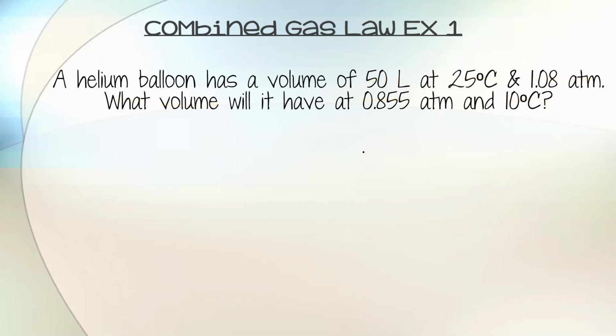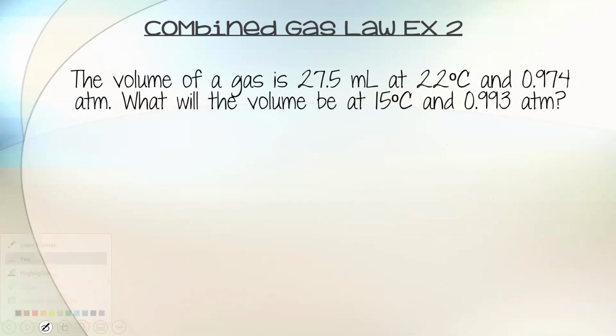Let's try another. A volume of gas is 27.5 milliliters at 22 degrees Celsius and 0.974 atm. What will the volume be at 15 degrees Celsius and 0.993 atm? This is very similar to one we just did.